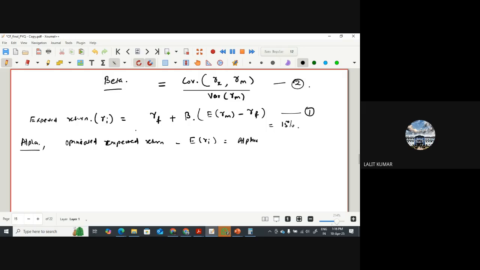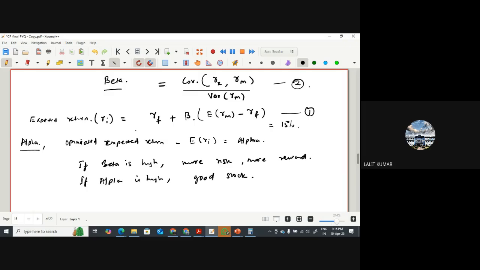Now certain things from the understanding point of view: if beta is high, it means that stock has got more risk, or more risk, more reward. Okay, more risk and more reward. So that's why if you go to the stock market, we always cater for the stocks which have got small beta. And if alpha is high, it means good stock. So these are certain basics.